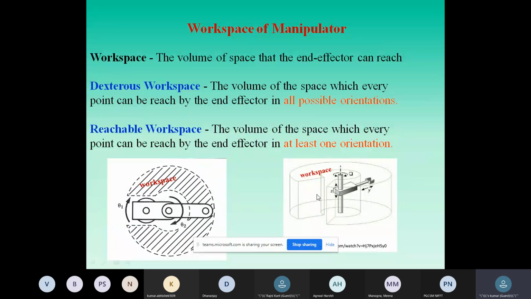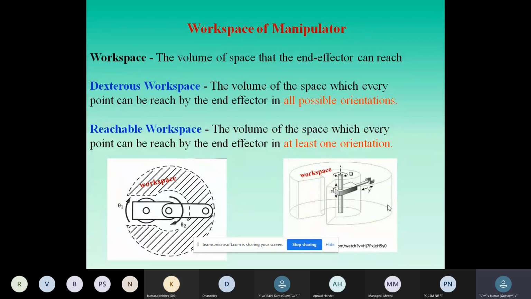Similarly, for this manipulator, this curved line is the workspace for this manipulator. There are 2 types of manipulator workspace: dexterous workspace and reachable workspace. Dexterous workspace is the space where a point can be reached by the end effector in any orientation.